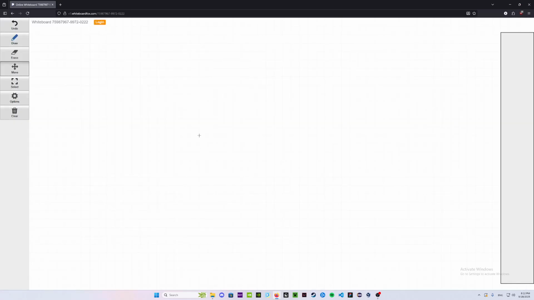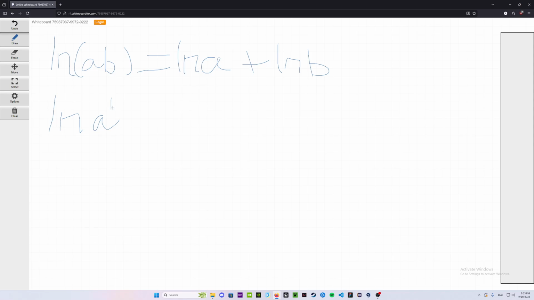So we know those, but also let's freshen up on our log properties, right? If you have ln ab, it's going to be equal to ln a plus ln b. Then if you have ln a to the power of b, it's going to equal b ln a.